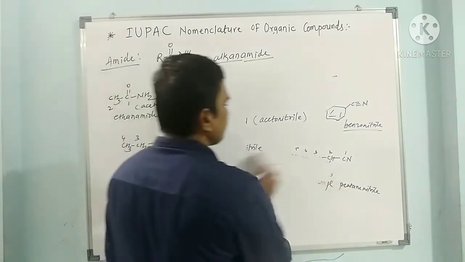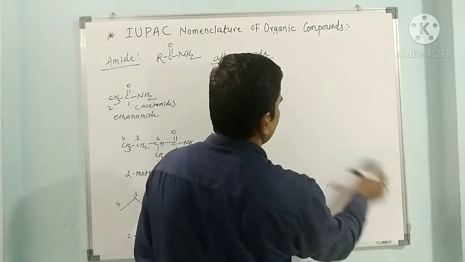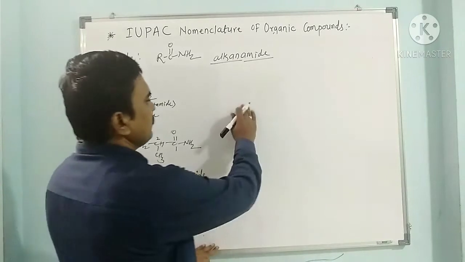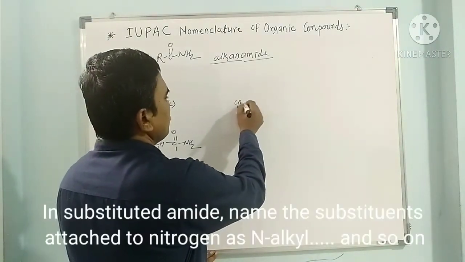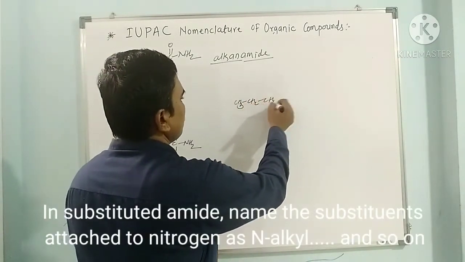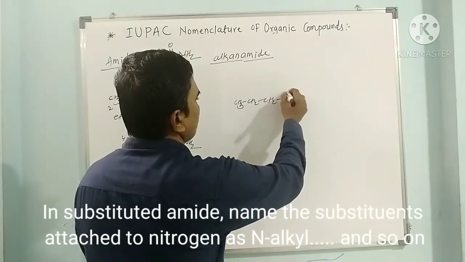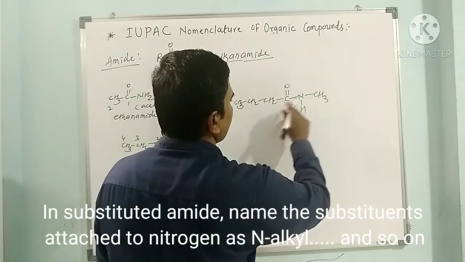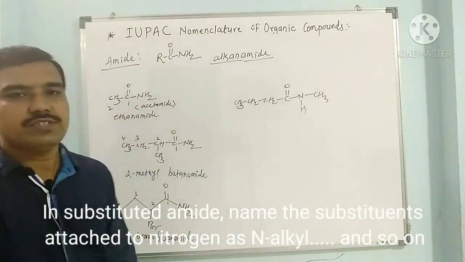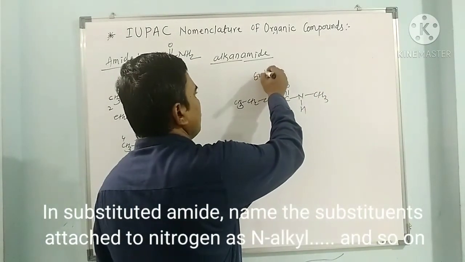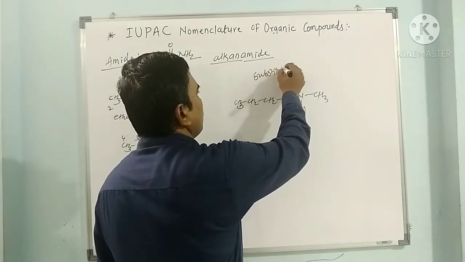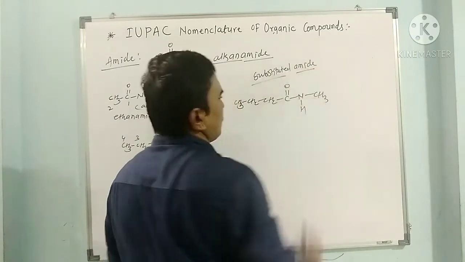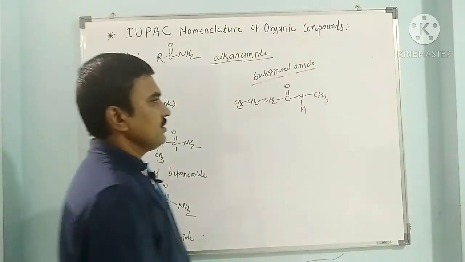Amides can also be substituted. Substituted amides means the nitrogen has a substituent. For example, CH3, CH2, CH2, C double bond O, N with CH3. This is a substituted amide, where nitrogen has a substituent.